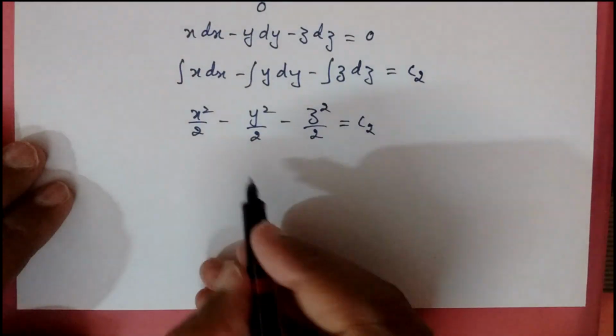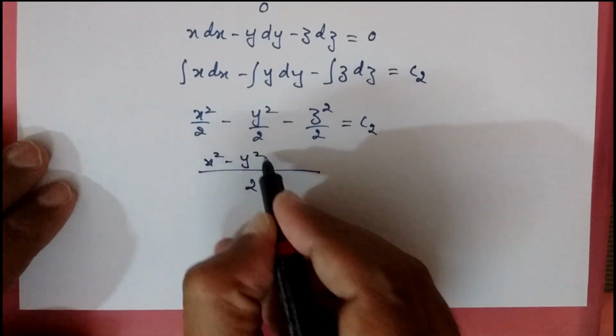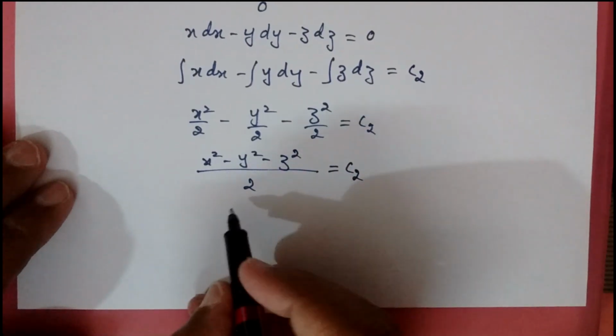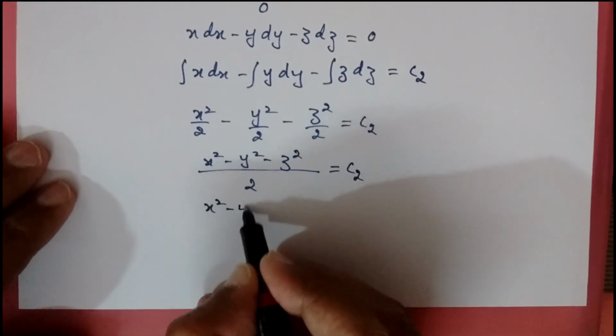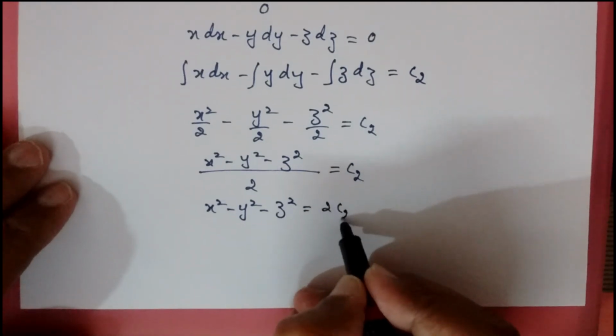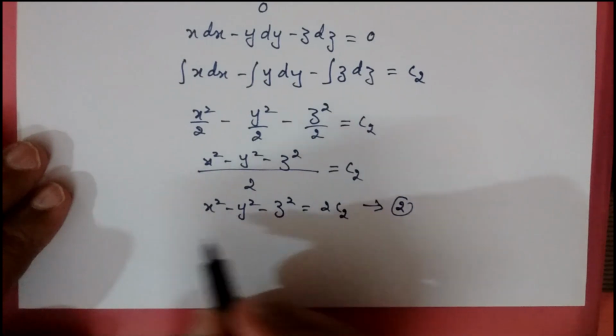If we take the LCM as 2, we will be getting x square minus y square minus z square is equal to c2. Cross multiplying by 2, we will be getting x square minus y square minus z square is equal to 2 times c2. That is equation number 2. So both the solutions have been obtained.